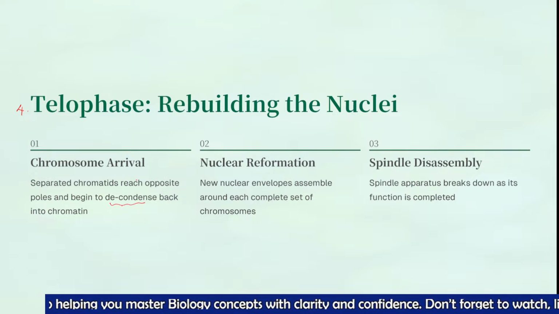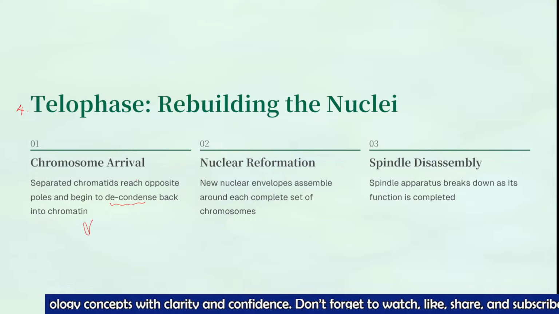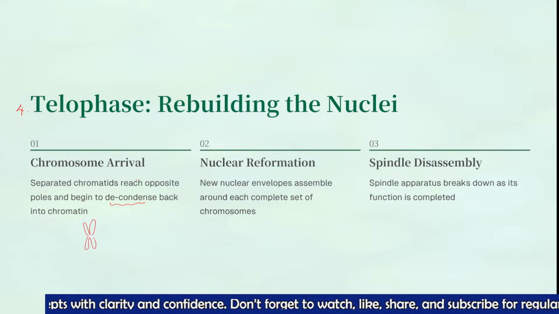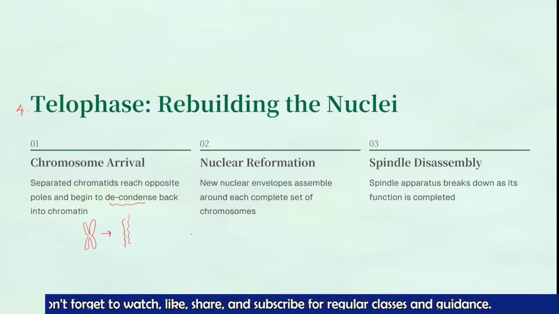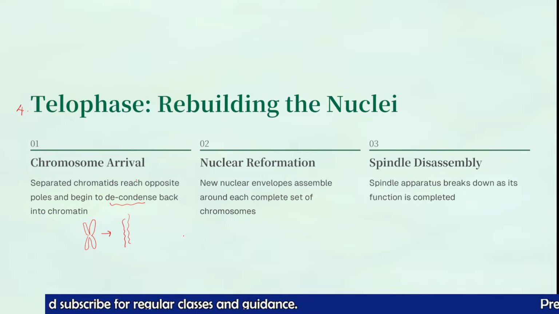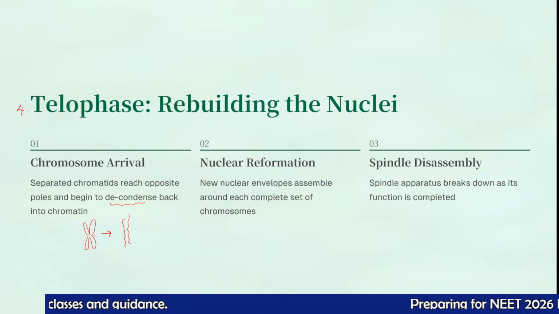The chromosomes undergo decondensation. The thickened chromatids decondense to chromatin threads. In the prophase, there was condensation from chromatin to chromosome. Here in telophase, there is decondensation of the chromosome to chromatin.